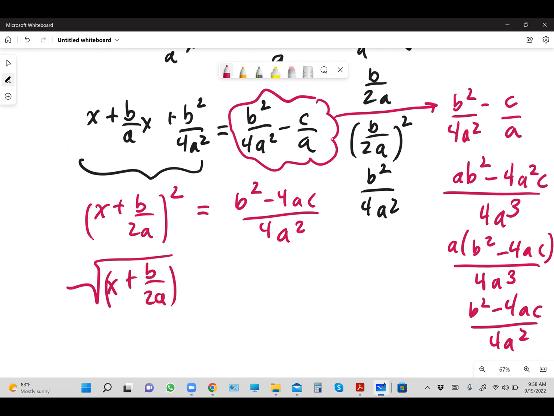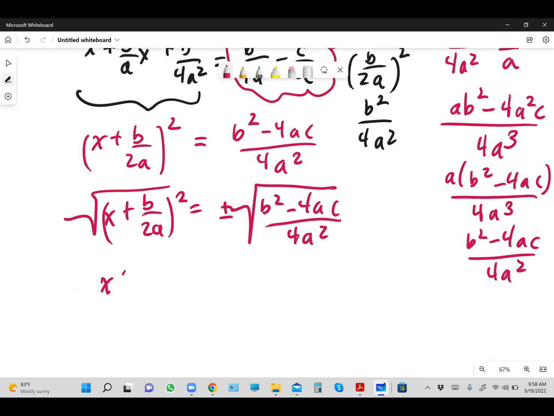That's okay if you're lost. And then I plus or minus the square root of b squared minus 4ac all over 4a squared. So now this side is x plus b over 2a, plus or minus, the numerator is just b squared minus 4ac, and the denominator becomes 2a.